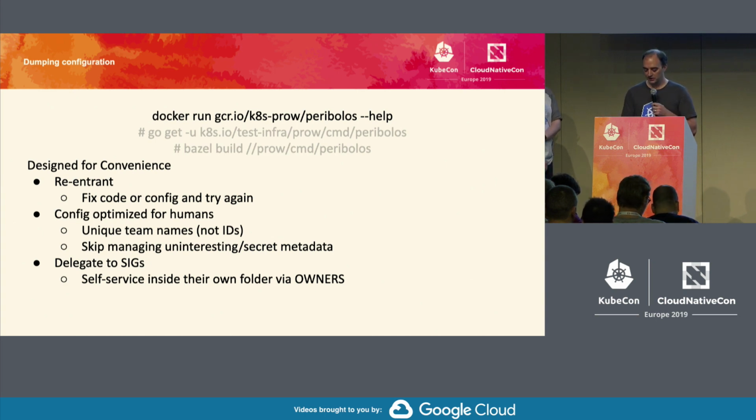We won't try and drive that towards a particular goal. And then also an important thing, given that we have a large org, is we want to allow delegating parts to different SIGs, which is how we have divided our org into subgroups or subteams.